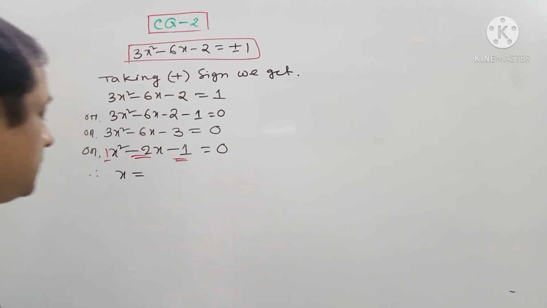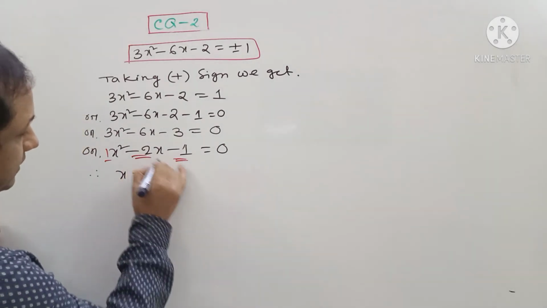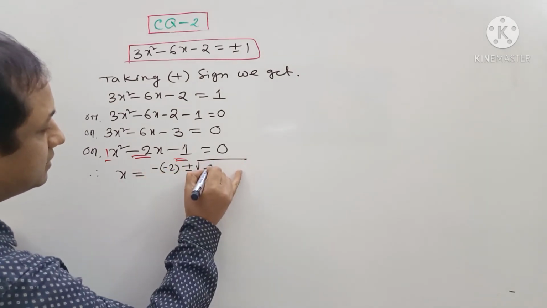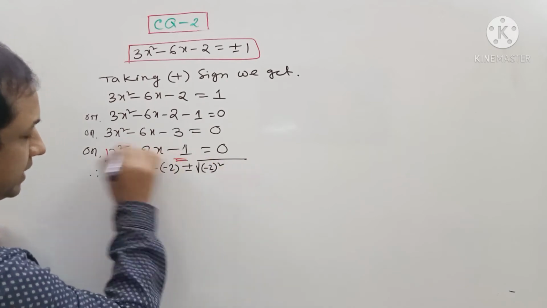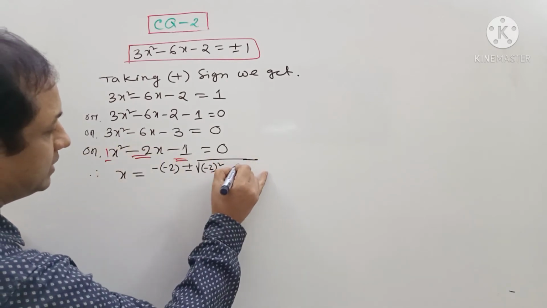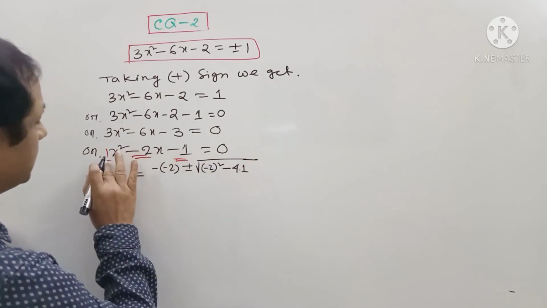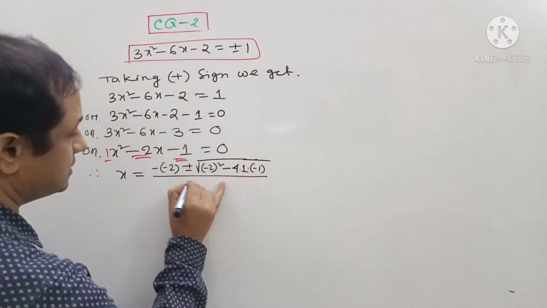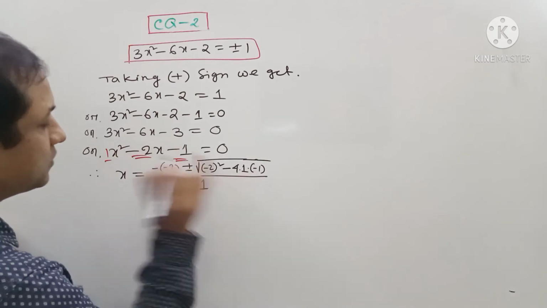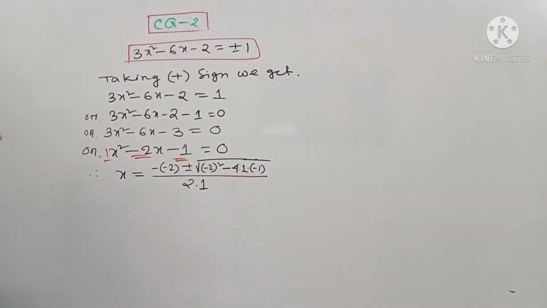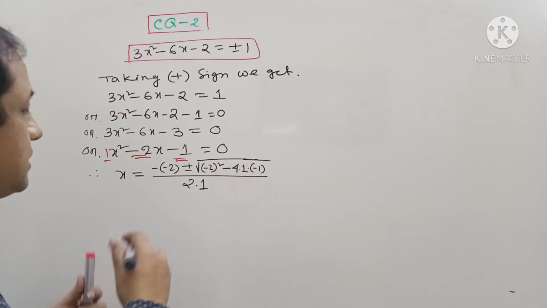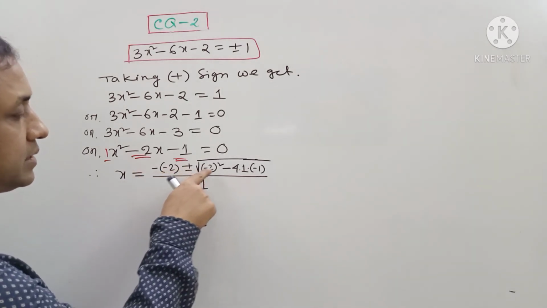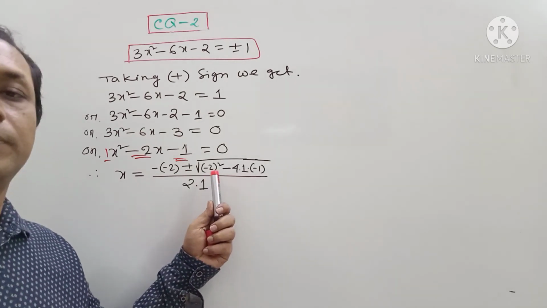Using this formula, minus b means minus 2, plus minus root over b squared, where b is minus 2, minus 4 times a which is 1, times c which is minus 1, by twice a, which is 1.